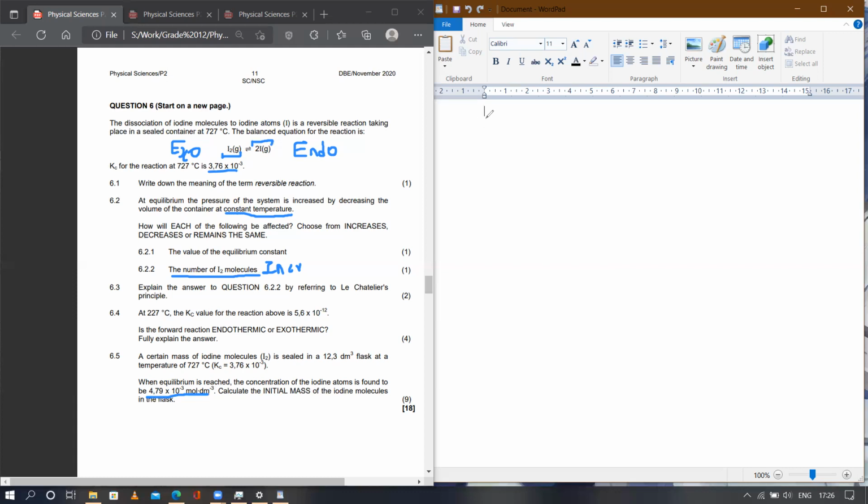So you have your reaction and you have to convert your units into moles. They gave you the concentration of the iodine atoms and the volume of the flask. So you know your concentration is your number of moles divided by the volume. You have your volume, which is 12.3 liters, and you have your concentration, so you can find your number of moles.